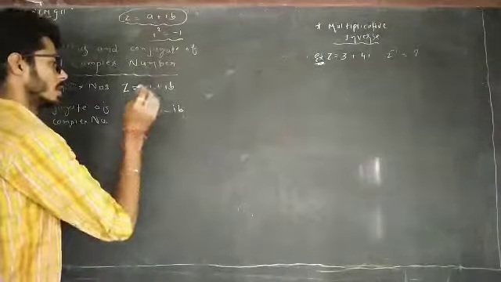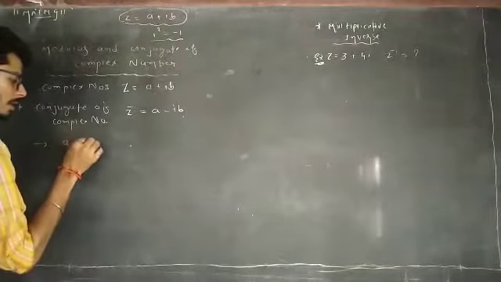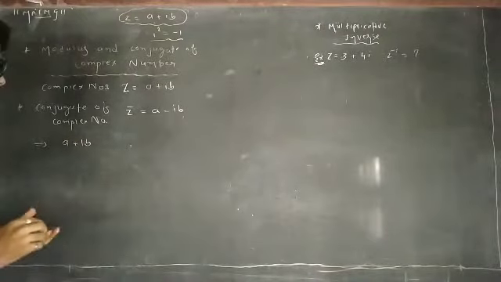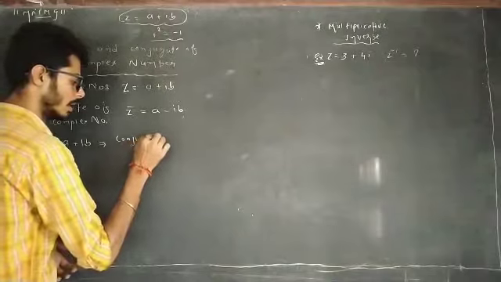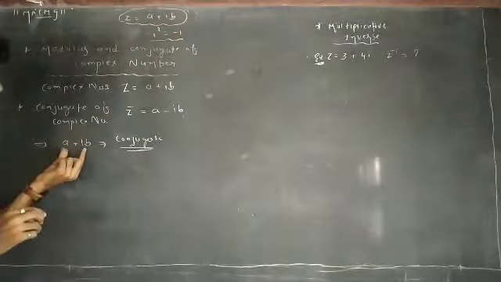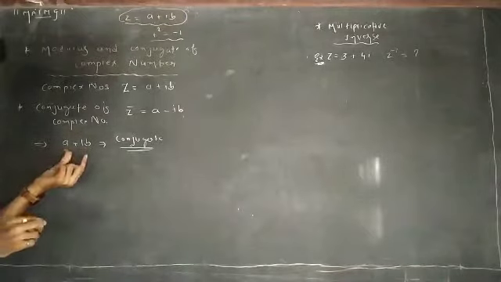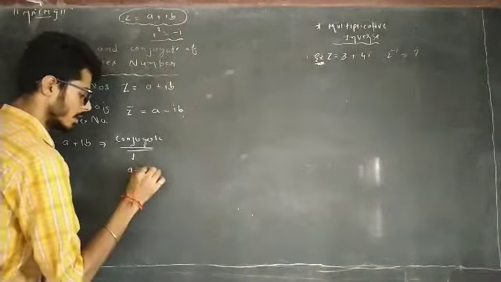Ready? So sometimes a plus ib is our complex number, and for the conjugate, the value of the conjugate of a plus ib is equal to a minus ib.